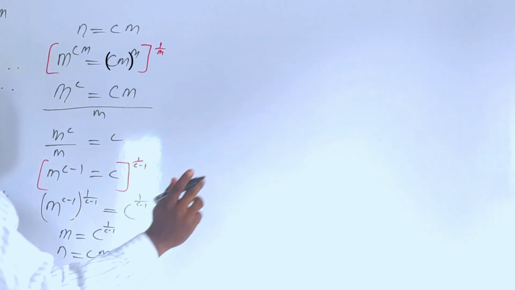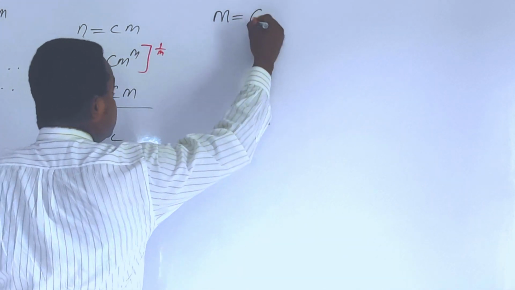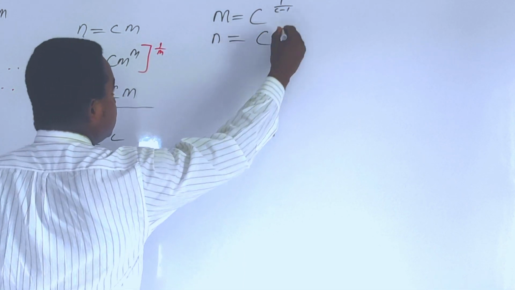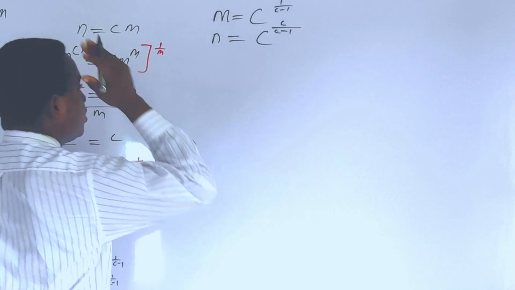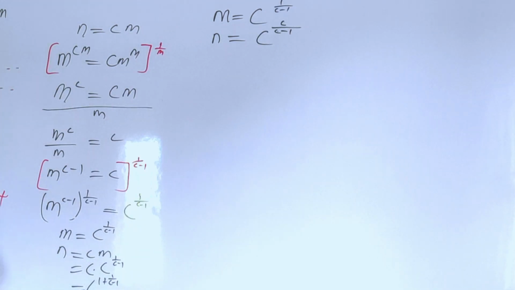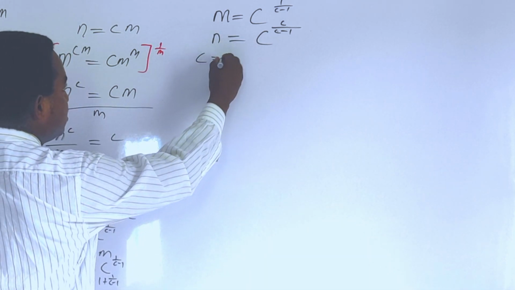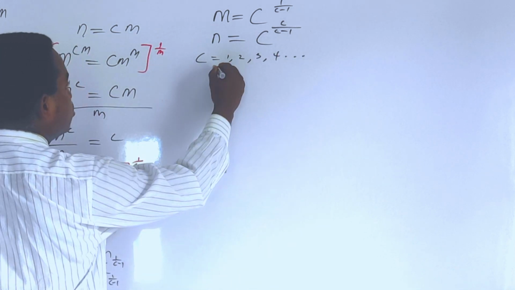So let me put that down up here, so that we can use it for obtaining the results. So we have m is equal to c raised to power 1 all over c minus 1, and n is equal to c raised to power c over c minus 1. So we can try different values for c to obtain all the possible solutions for m and n respectively.